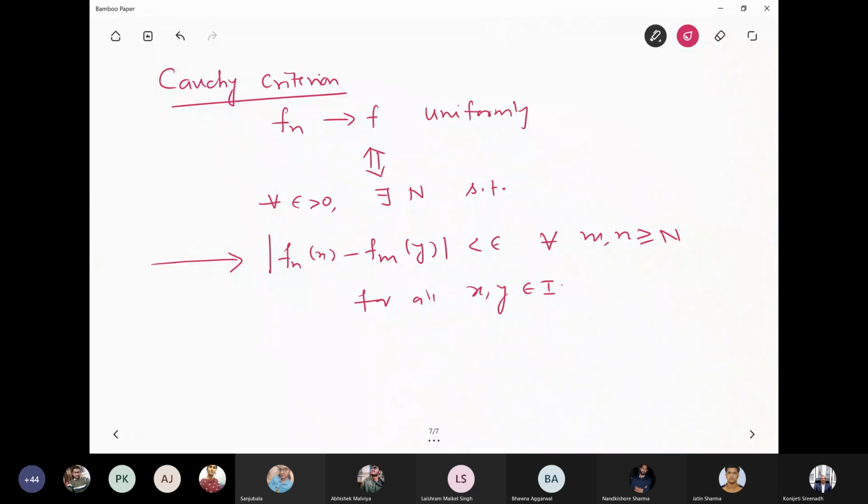Without guessing the limit, we can verify this definition.